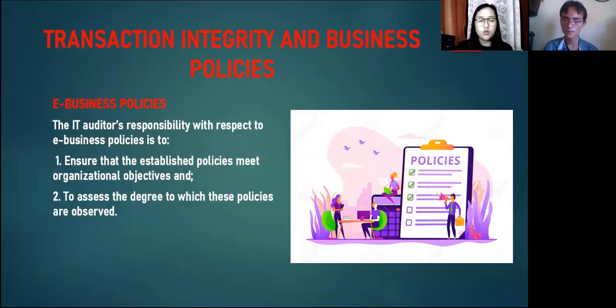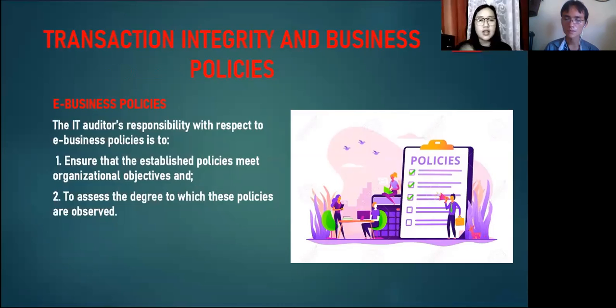If there is a lack of business policies for activities in a particular organization, such as processing returns of merchandise that was purchased online, it can possibly be a risk indicator for e-business.